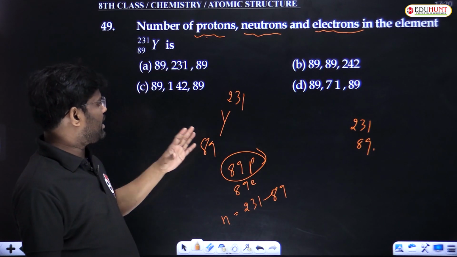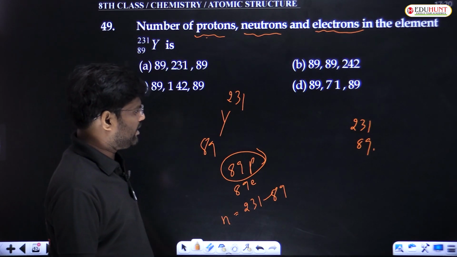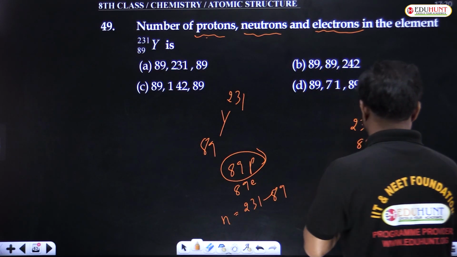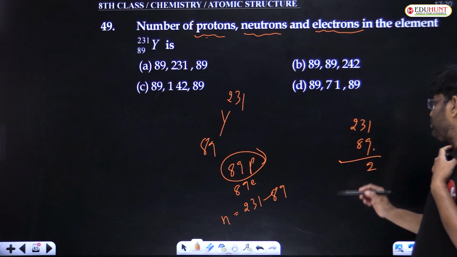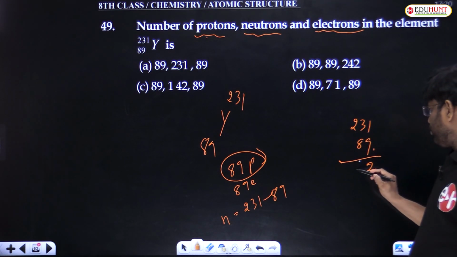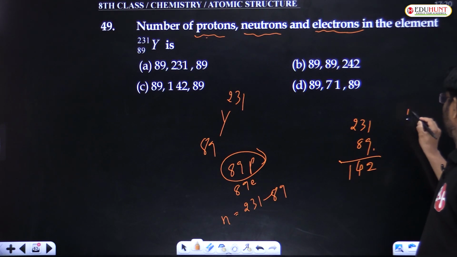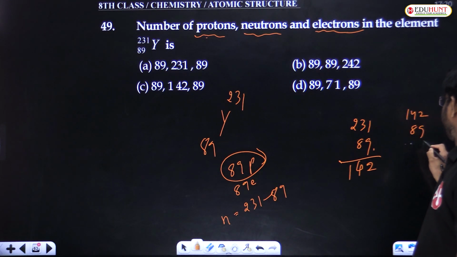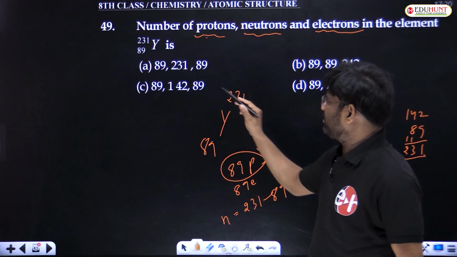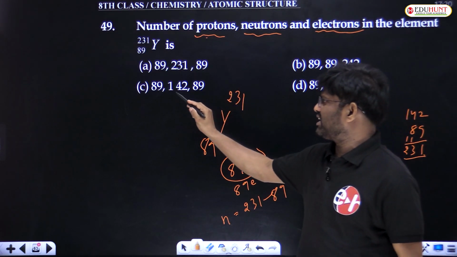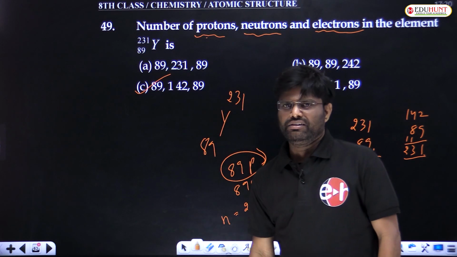In order to find neutrons, 231 minus 89. So how much will you get here? 142. Where is 142? In A, C, D. In this case 231 is there, in this case 71 is there, in this case 140. So the option is C.